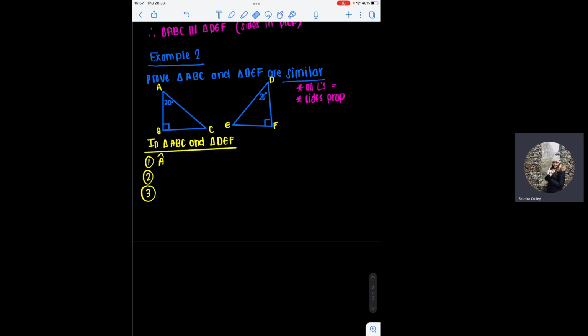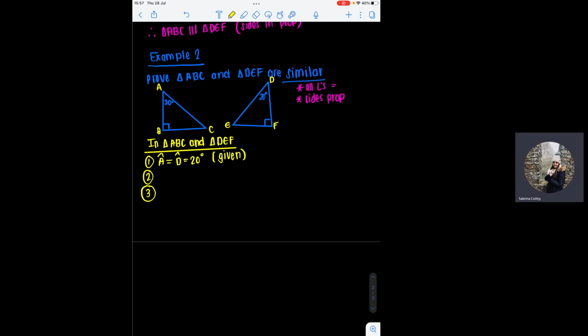So you can't say, okay, angle D is equal to angle A because we're saying which triangle comes first. So angle A is equal to angle D, which is equal to 20, and we give a reason. My reason here is that it is given. So if anything is printed, then we can say it's given if we don't have to prove it.